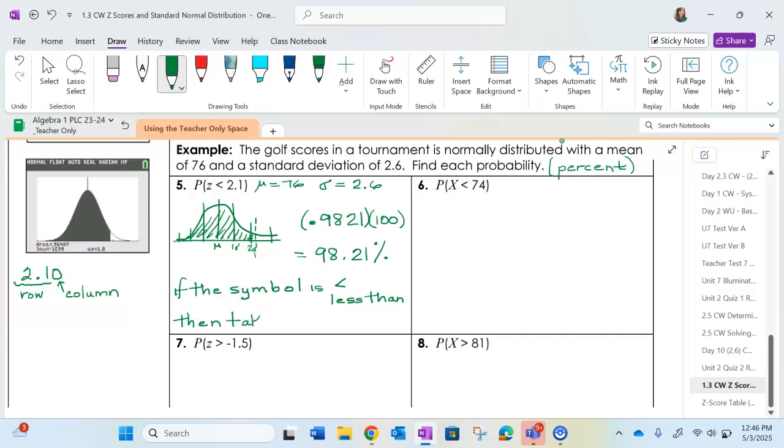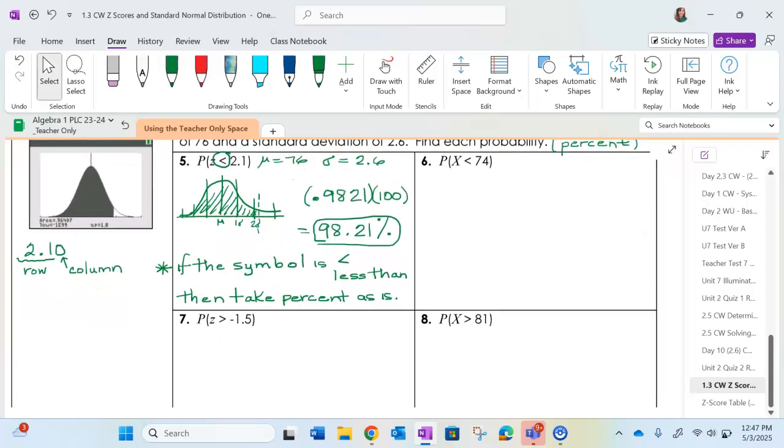So in other words, this symbol here is less than, Z is less than 2.1, so I'm going to take the percent as is. I do not have to do anything to it, okay? Let's go on to the next problem and I'll show you what we do next.